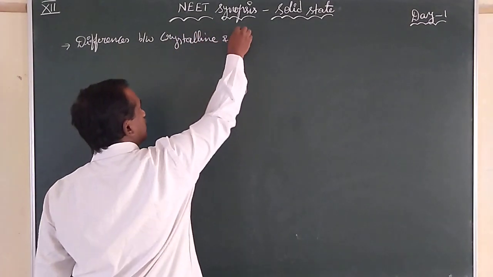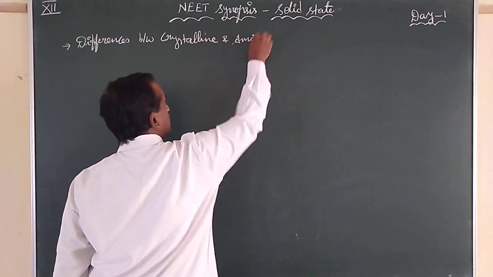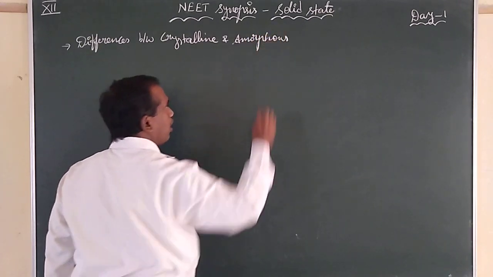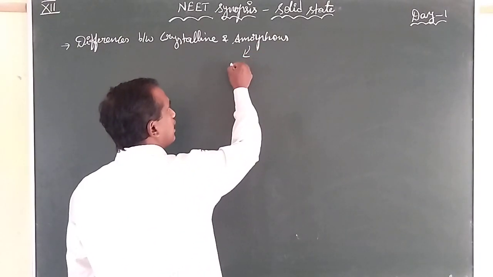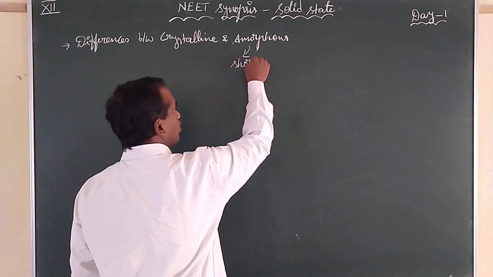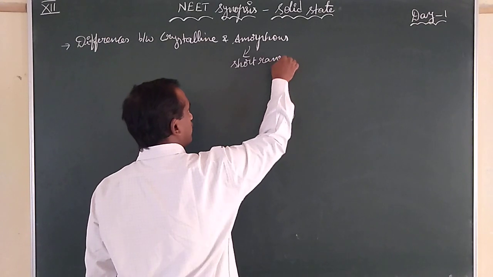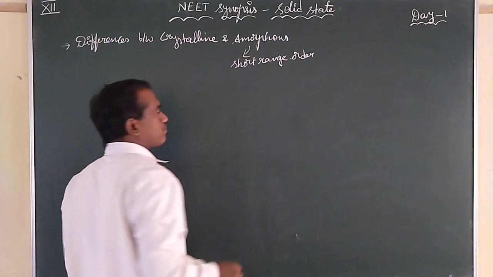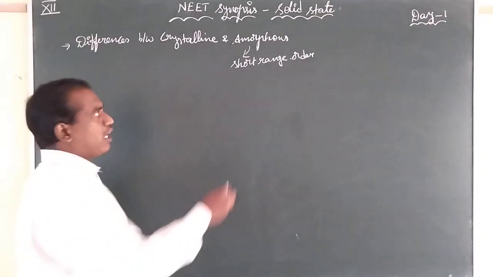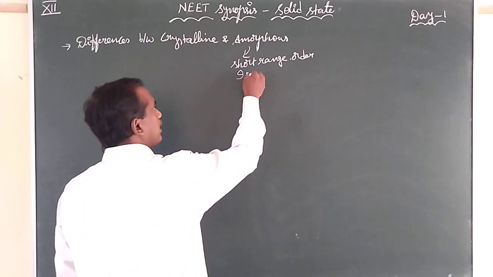Once you see this crystalline and amorphous, the small points that will be questioned from this area are these. Amorphous solids have short range order, and they are isotropic in nature.